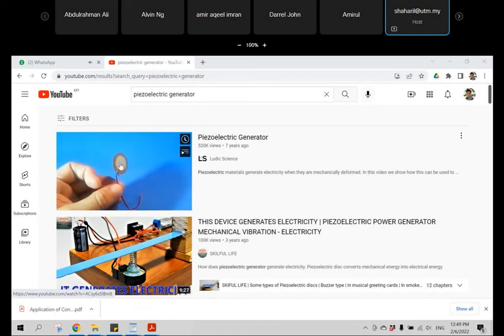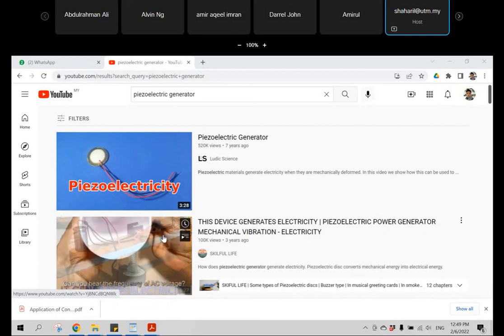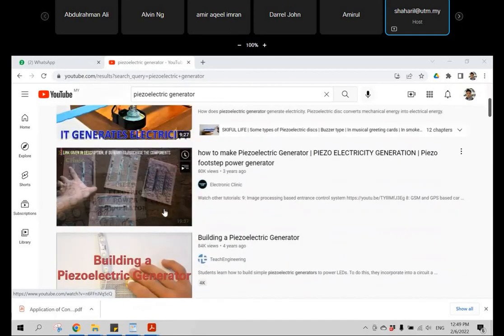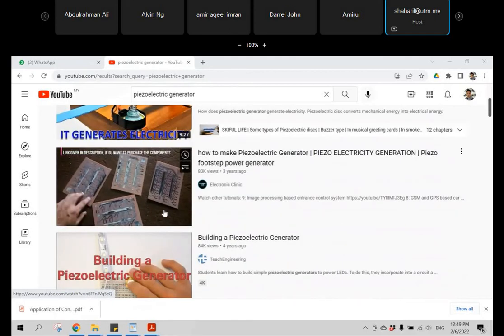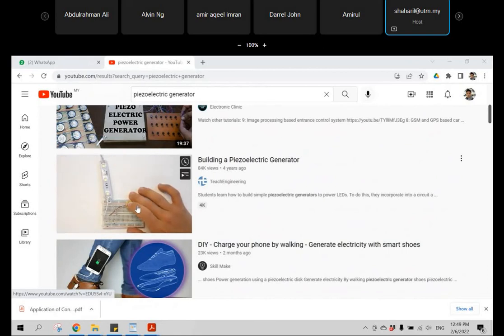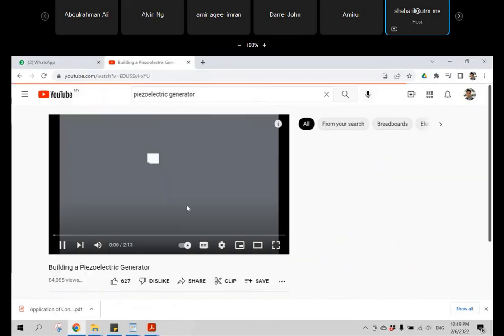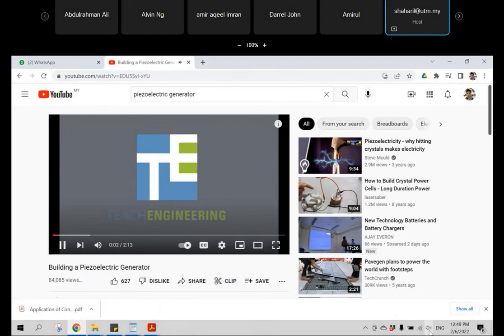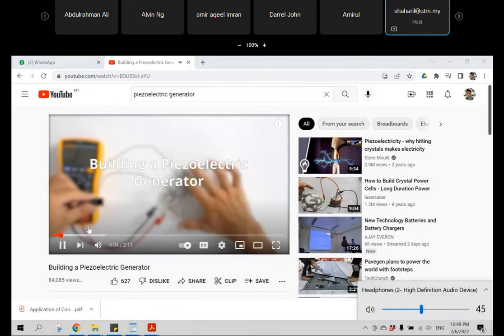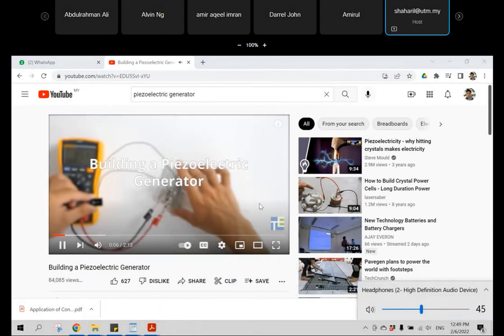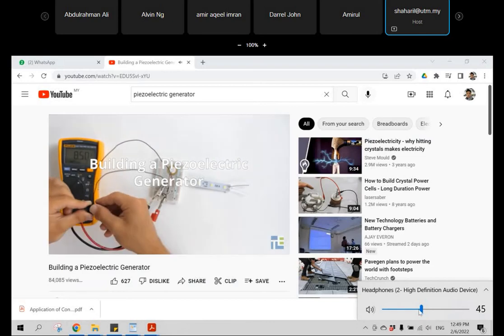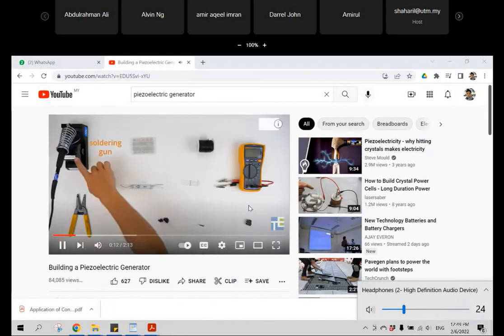Inside the buzzer there is piezoelectric material like this. So this is an example of how they build a very basic application like this one. Yeah, it's a simple one.